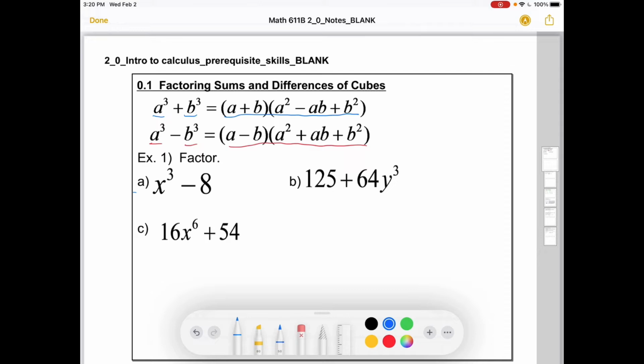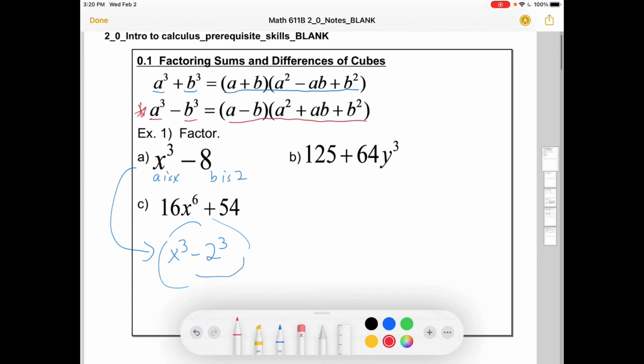So if we have a situation like x cubed minus 8, it's as if our a, the thing that's cubed first, is x. And our b, well, what is cubed that gives us 8? 8 is 2 cubed. So really we have x cubed minus 2 cubed. That would make me think of the a cubed minus b cubed formula in red.